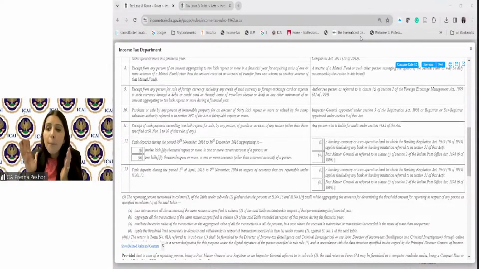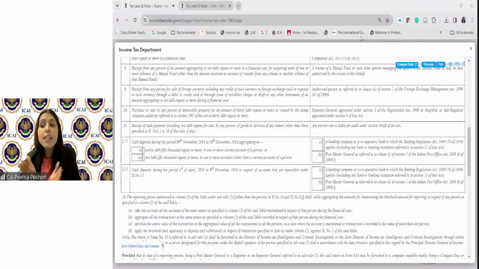This was the e-campaign which was going on. So all these emails were issued to the taxpayers who had conducted high value transactions, whether they had made any remittance outside India, whether they had purchased fixed deposits or immovable property, or undertaken the purchase and sale of shares or mutual funds.